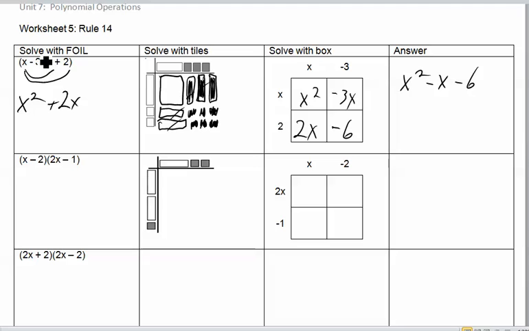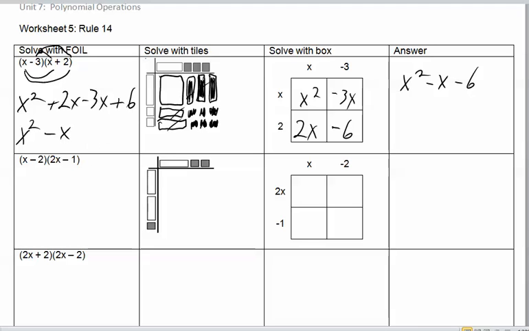Then we're going to do the inners. So negative 3 times x is negative 3x. And then we're going to do the lasts. Negative 3 times 2, 6, and we combine these like terms, and again we get x squared minus x.